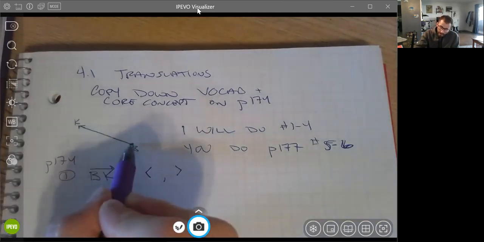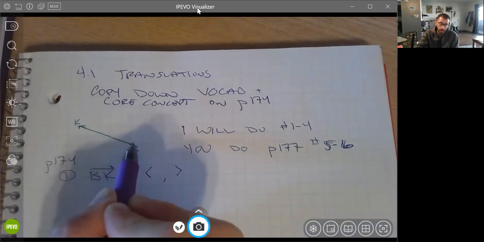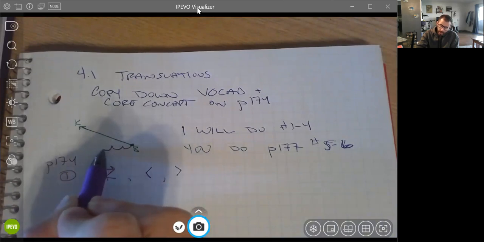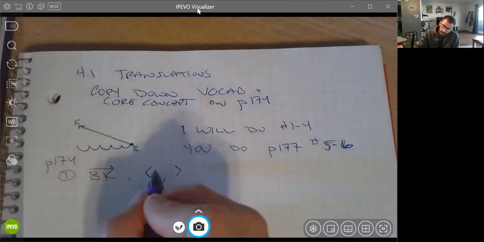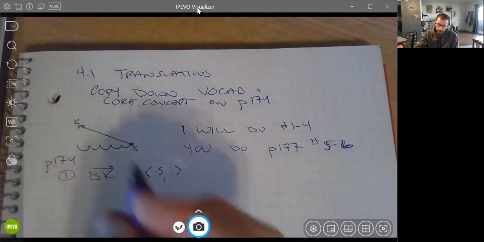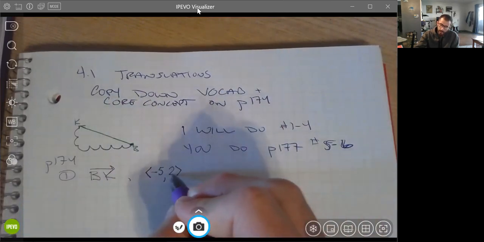So what happened to get from B to K horizontally, the horizontal component? Remember, we're going to use vocab as we talk. We went left 5 boxes. Left 5. What's the vertical component? Again, vocab is important. We went up 2.